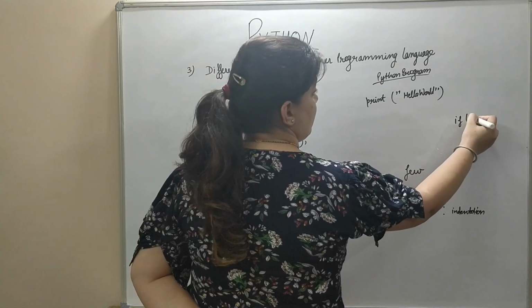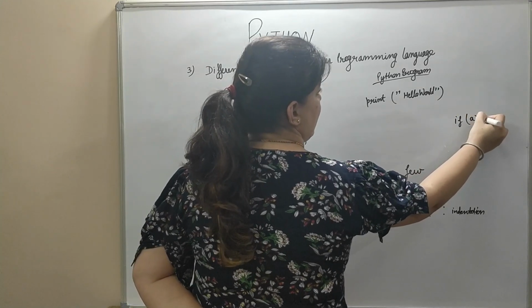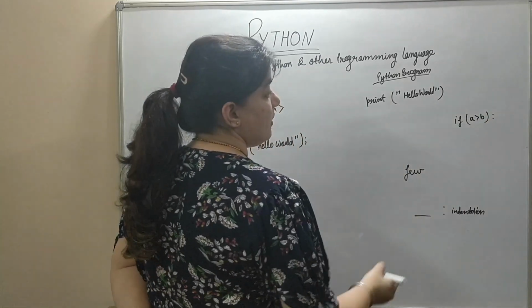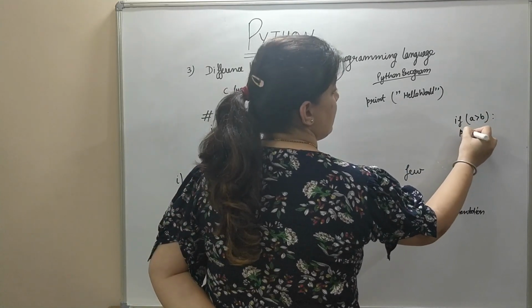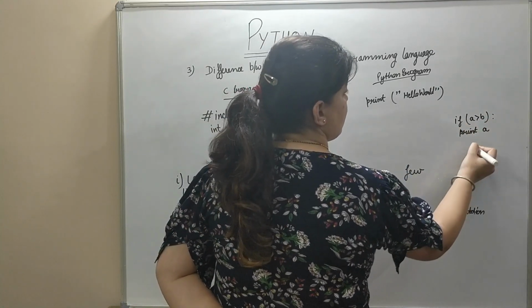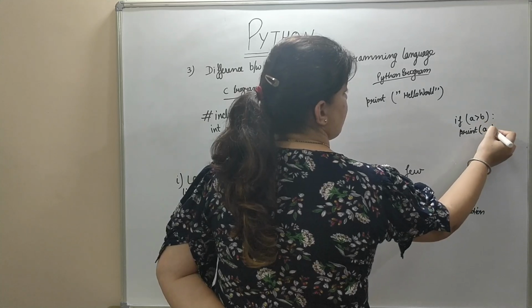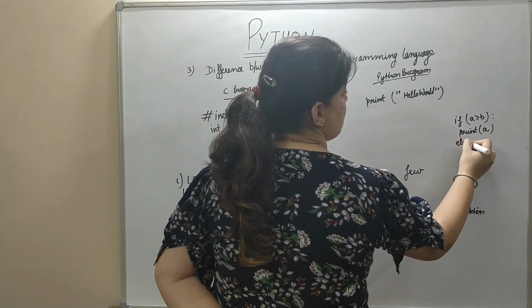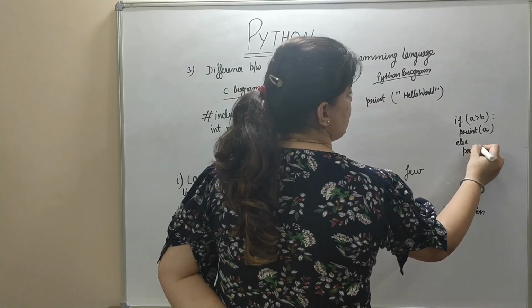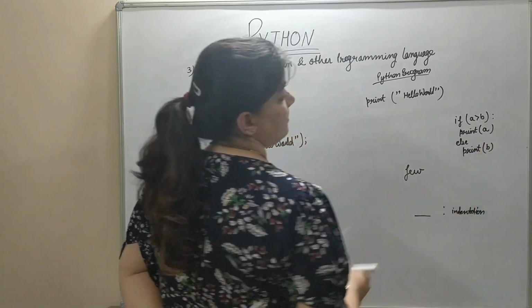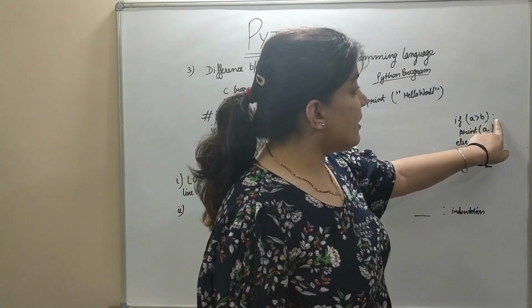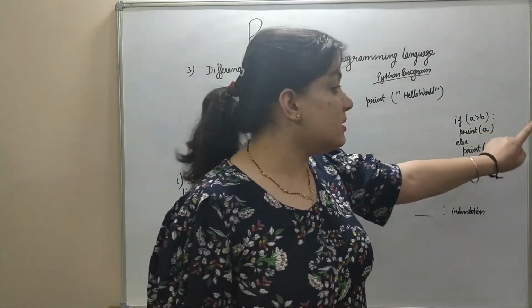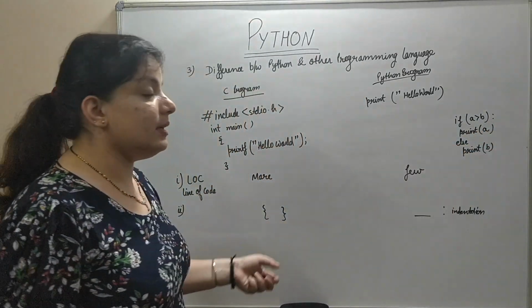If A is greater than B, then print A, else print B. So here we are using this indentation in place of curly braces.